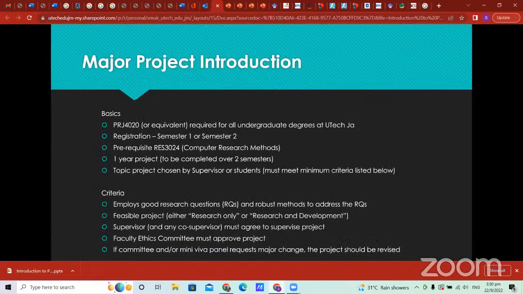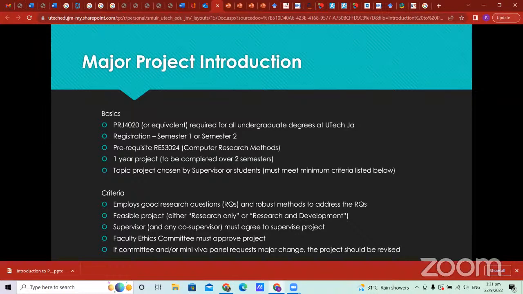So PRJ 4020 is a 3-credit course that's required for most of the undergraduate degrees in SCIT. Registration takes place in either semester 1 or 2. The prerequisite is RES 3024 or its equivalent. It's a 1-year project to be completed over 2 semesters, and the topic can come from a supervisor, typically a full-time lecturer in SCIT, or from the students, but it must meet the criteria listed below.